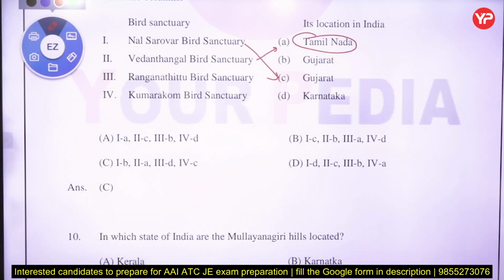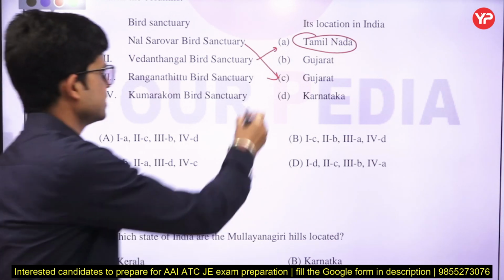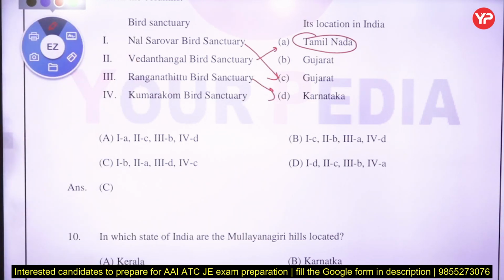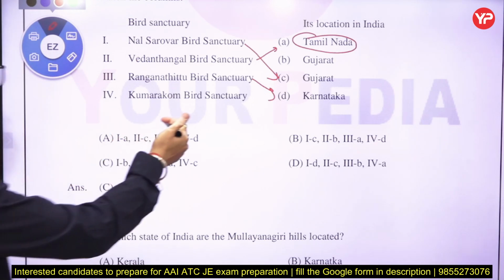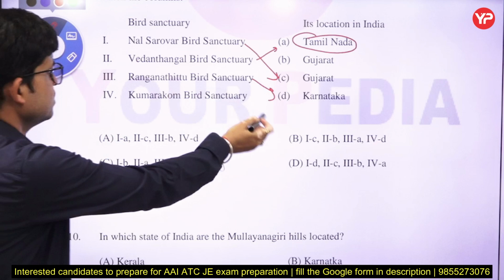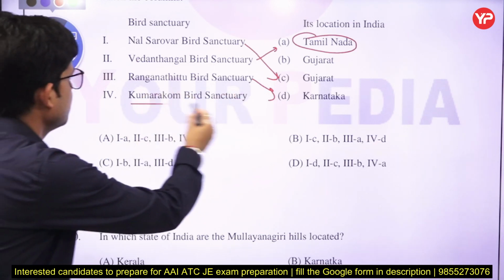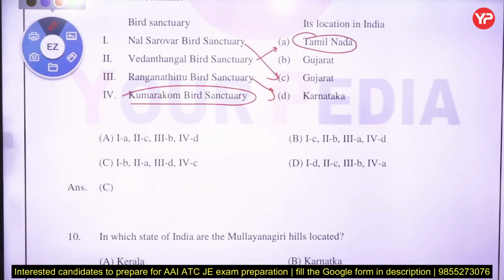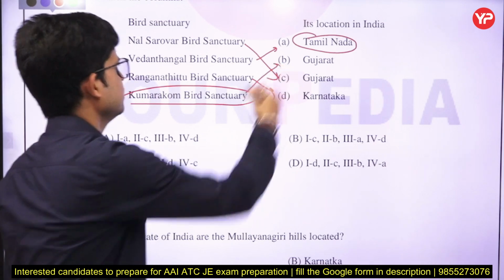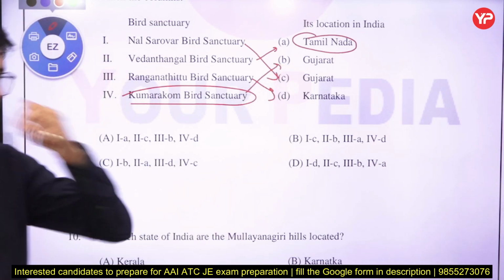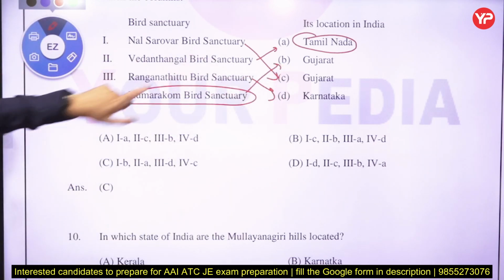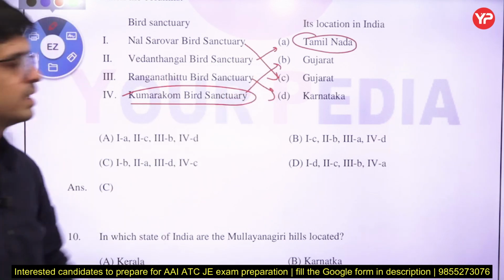Next, Ranganathittu Bird Sanctuary is in Karnataka, and last, Kumarakom Bird Sanctuary. So remember that one is from Tamil Nadu and one is from Karnataka.